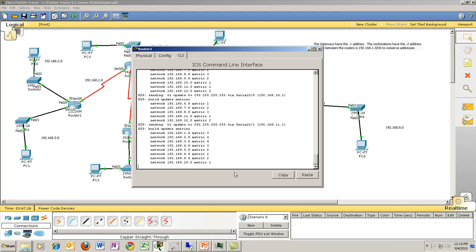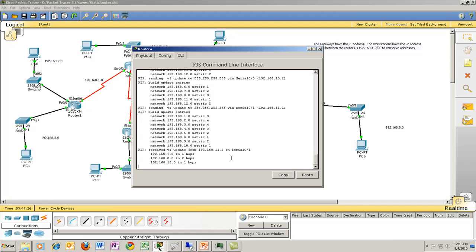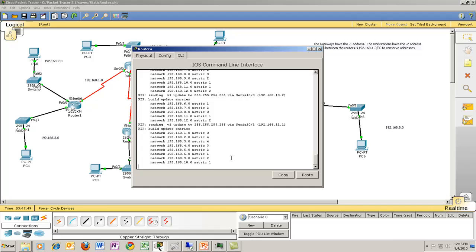And the metrics, 1, 2, 3, 4, the metrics are how many hops away each of these routes are as it sends the information that it has to the other routers. I know how to get to something and it's this far from me. This would allow you to have multiple routes with RIP, and it would use the one with the fewest hops. Remember, RIP only uses hop count, pays absolutely no attention to anything else.